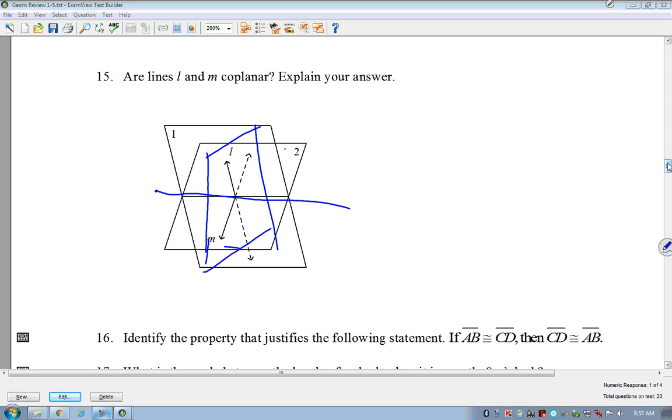But the same truth still holds. If 2 lines intersect, even if they both exist on separate planes by themselves, when they intersect, they exist on a plane together. I just can't do a very good job of drawing that. So your answer, are they coplanar? You're going to say yes, because any 2 lines that intersect form a plane, or are coplanar.